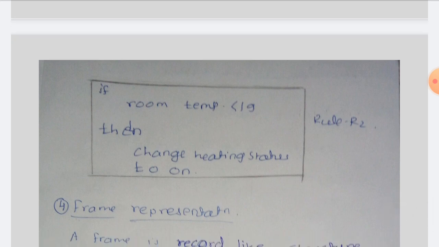Another kind of rule is given. If room temperature is less than 19, then I want to switch on the cooler. Then change the heating status to on.